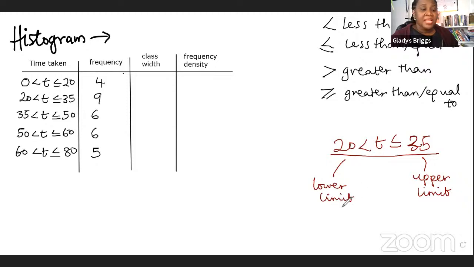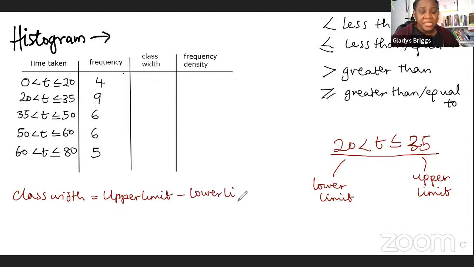And the class width is equal to the upper limit minus the lower limit. They are separate words, don't mind that I'm joining them up. I don't have plenty of space on my board.